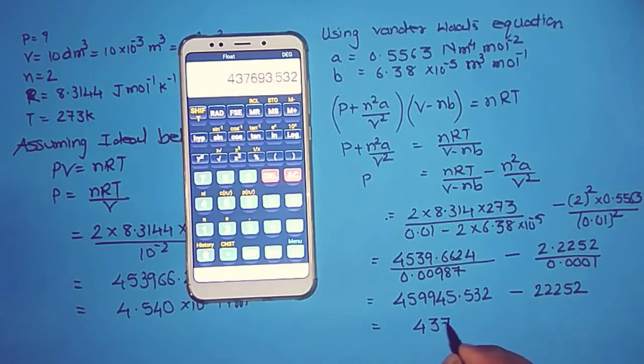This gives the answer as 437693.532. So we can write it as 4.377 into 10 raised to 5 Newton per meter square.